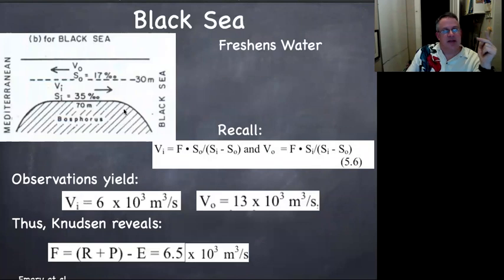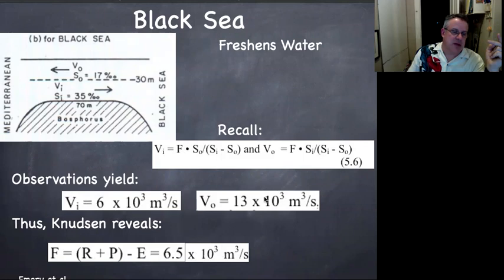By contrast, if we go to the Black Sea, it has a very big difference between the outflowing and the inflowing water. And so if the observations yield this, then Knudsen's relation will tell us both the outflowing conditions and the freshwater source. So now look, these three are all close to the same magnitude.